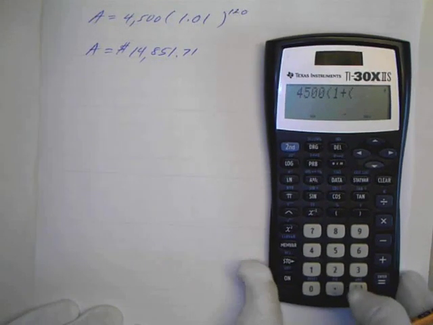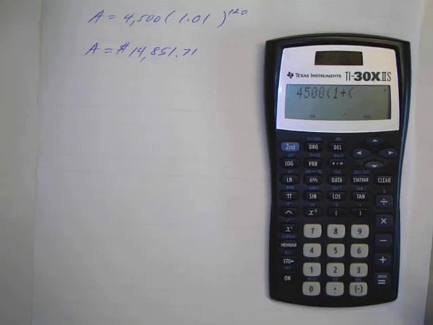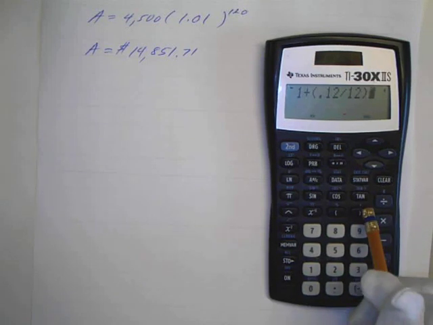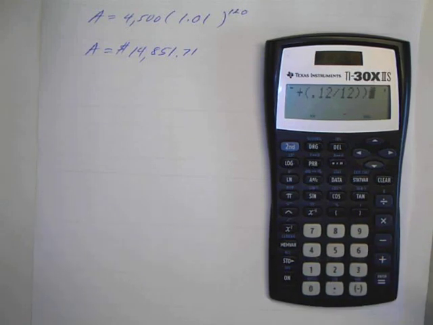It's better, I guess. And I'll put the 0.12 divided by 12, and I'll put a parentheses around that, and then a parentheses around that whole 1 plus that. And then I'll raise that, caret, to the 120.